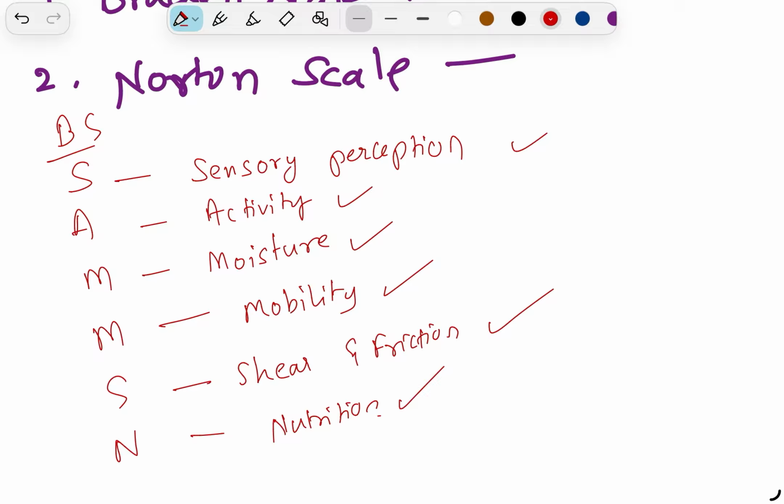Simple way I will tell you: SAM MSN is the mnemonic of the Braden scale, and everything has 1 to 4 scoring, but shear and friction has only 1 to 3 scoring.